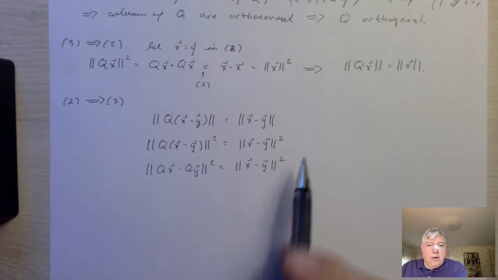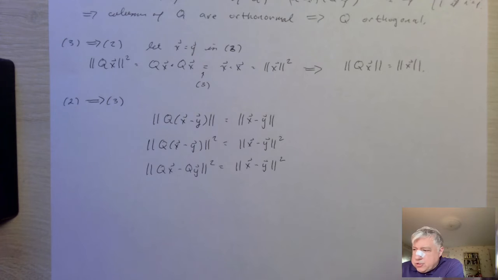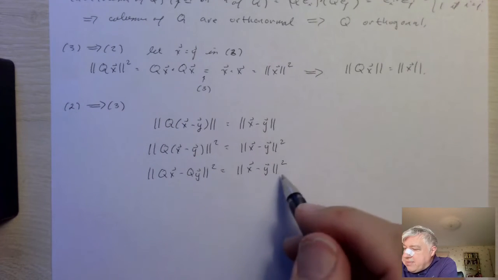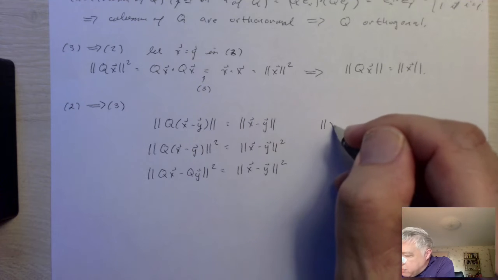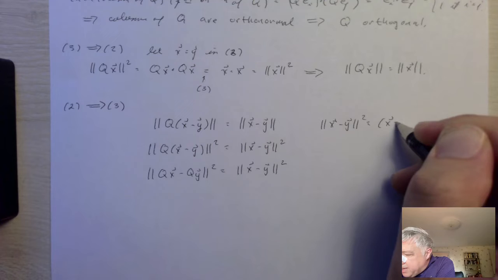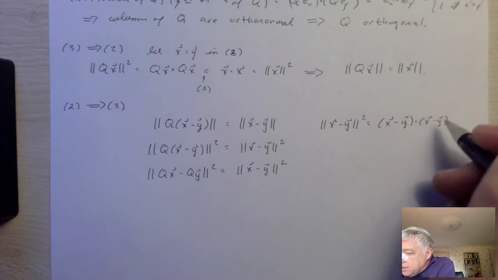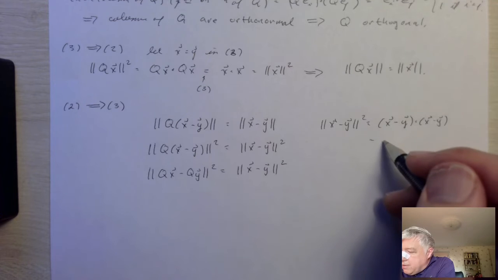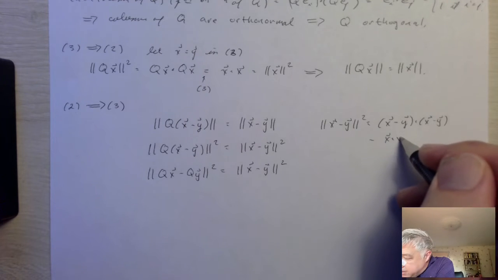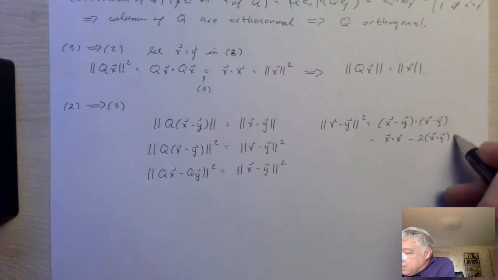All right. Now, if we remember way back in the first chapter, we showed that we could actually write the square of the length of x minus y as (x minus y) dot (x minus y). So this is going to be x dot x minus 2 x dot y plus y dot y.